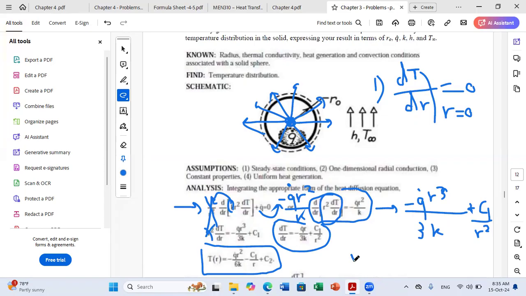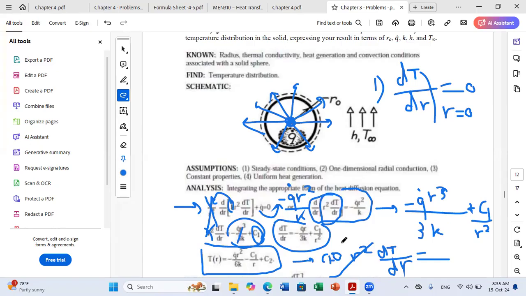Your condition was r squared times dT by dr equals minus q dot r cube over 3k plus c1. So if you replace r by 0, you can say that c1 should be 0. So from here we deduce that c1 is equal to 0. This is for the first condition.